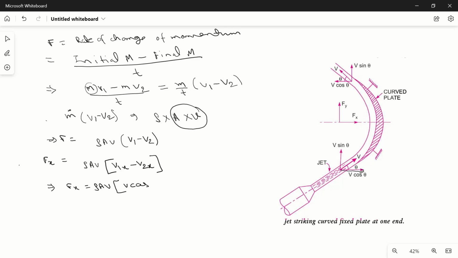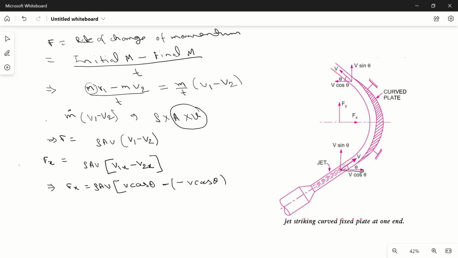Then, what is V2x? V2x is the velocity at outlet in the horizontal direction. It is v cos theta here too, but in the opposite direction, so we write a minus sign: minus v cos theta.